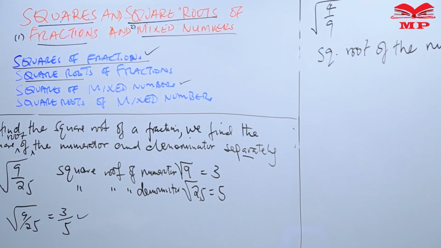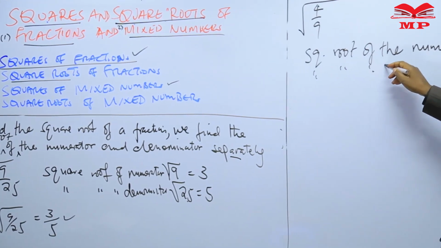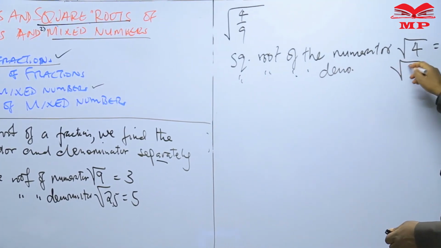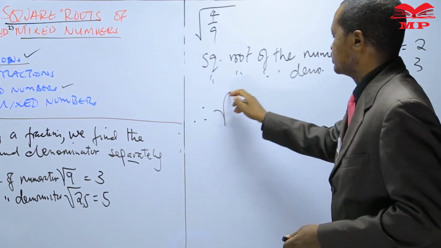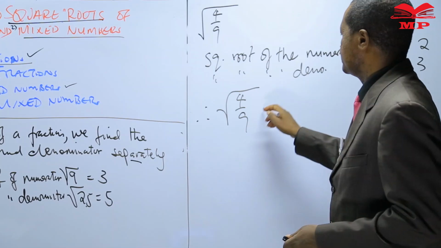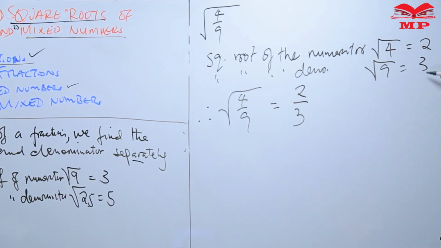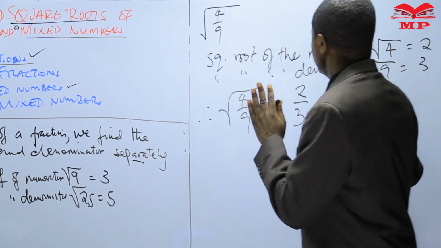The square root of the numerator 4 is equal to 2, and the square root of the denominator 9 is equal to 3. Therefore, the square root of 4 over 9 is equal to 2 over 3.